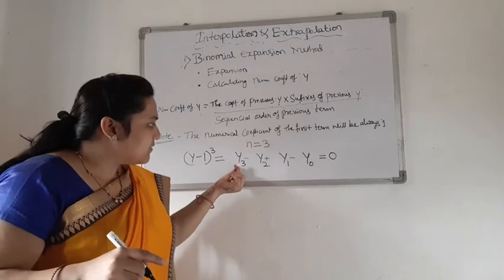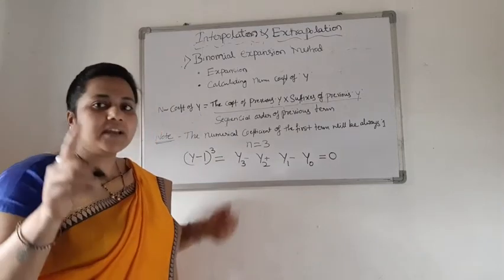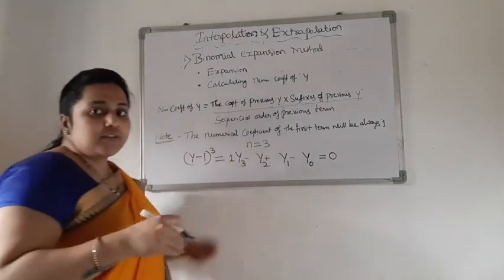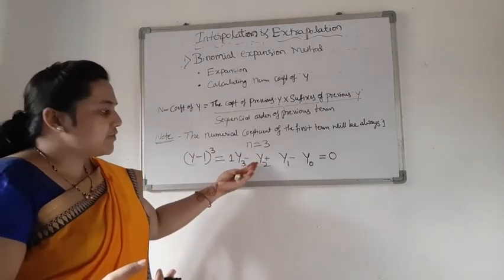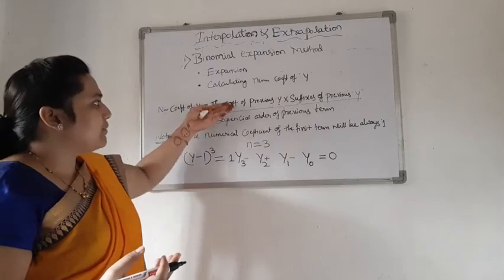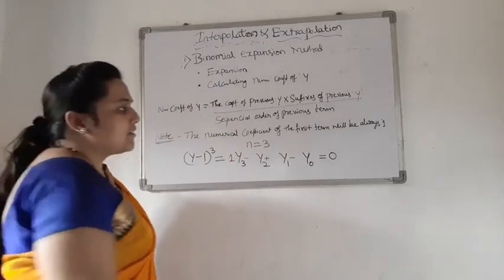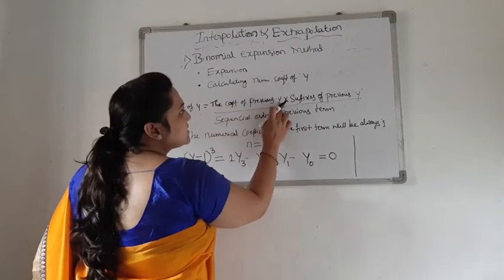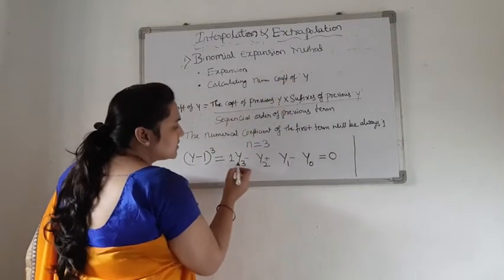The numerical coefficient of the first term will always be 1. What is the first term here? y3. Its numerical coefficient will be 1. Next term, how to calculate the coefficient based on this formula. Roughly I am writing here. The coefficient of previous y is how much? 1.